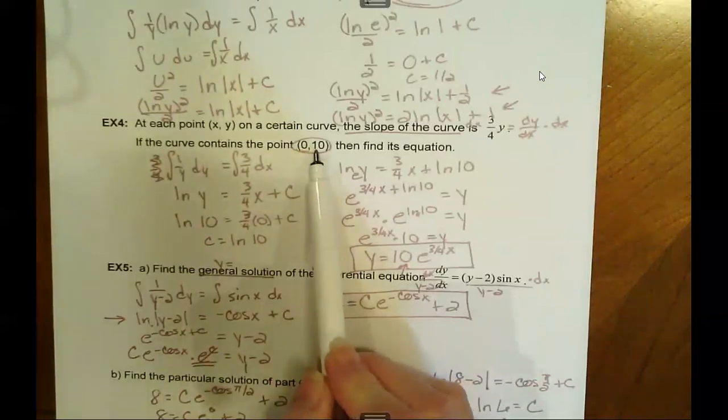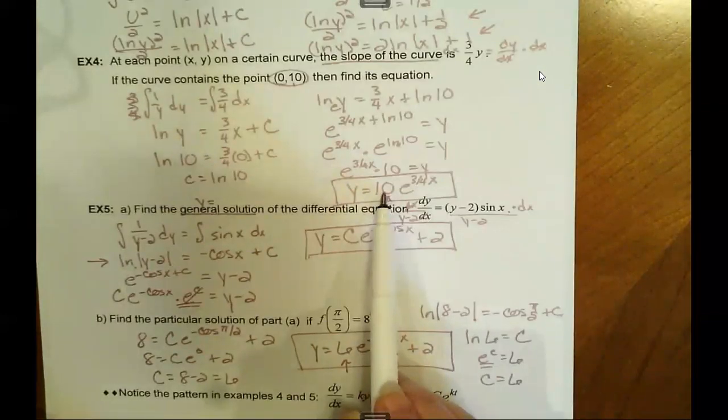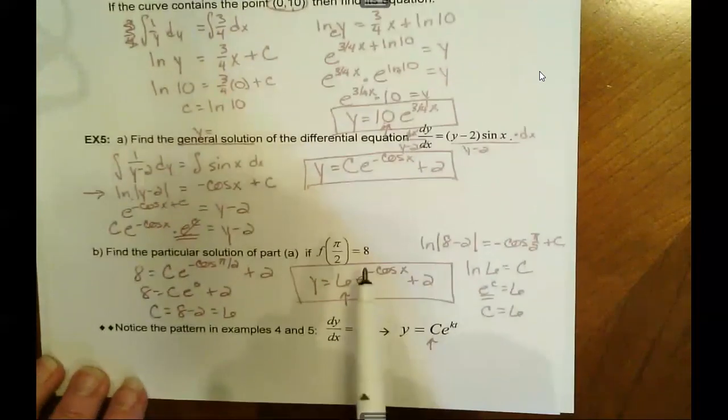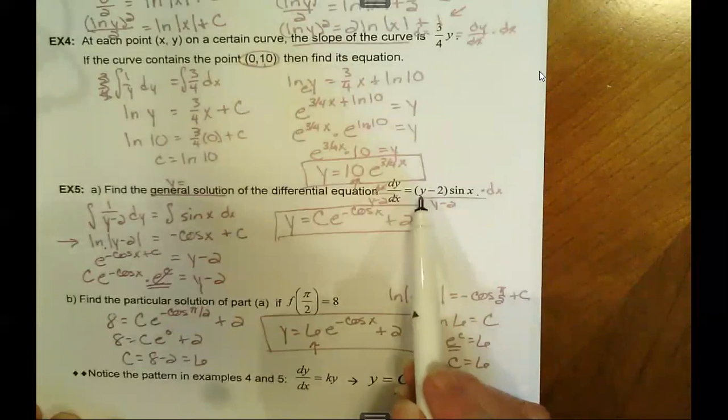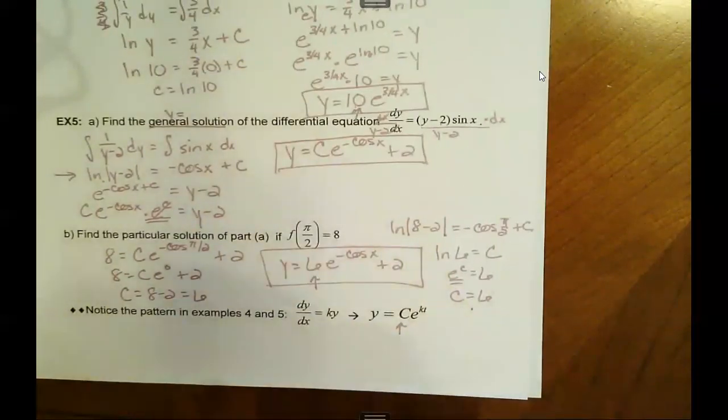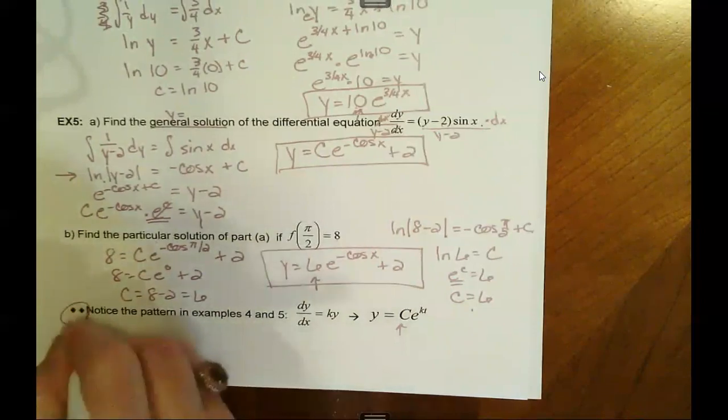In this one, our point given was 10. This ended up being 10. In this one, our y value was 8, but remember that we had 8 minus 2 in our equation, so this was 6. So there is a little pattern to that if you want to use that.